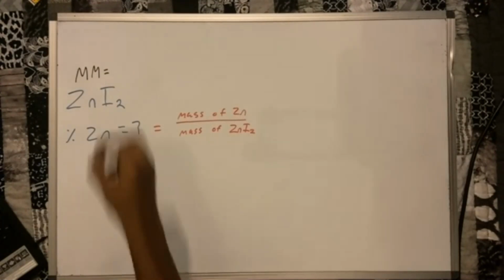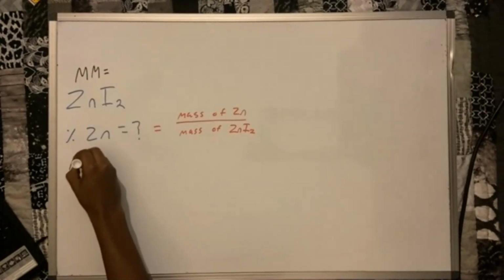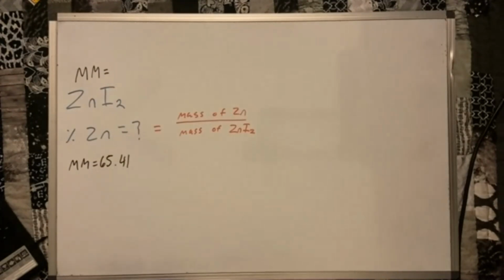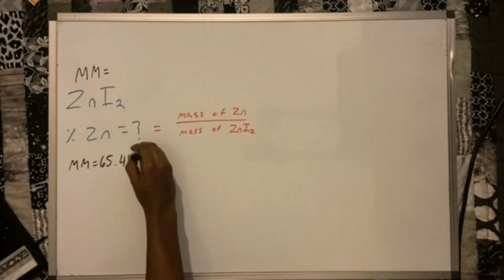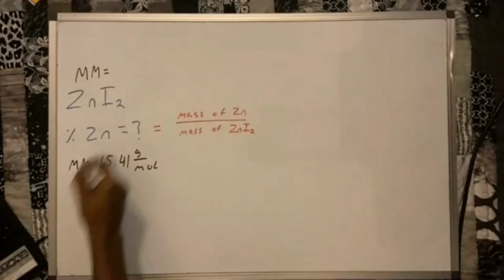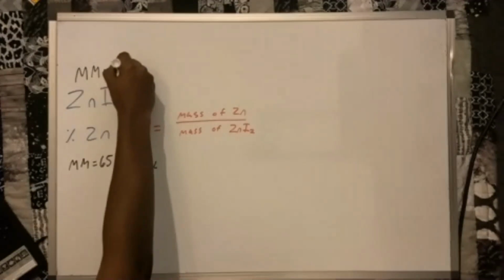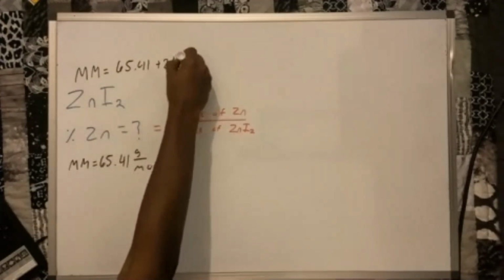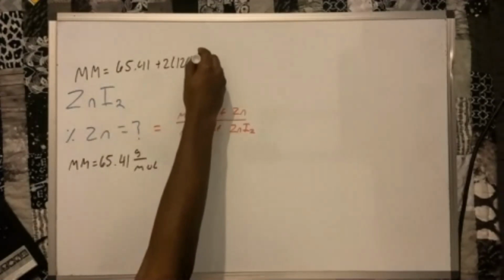So zinc is 65. Well, I guess we also need the molar mass of zinc. 65.41 grams per mole. And then for iodine, we have 126.9. So 65.41 plus 2 times 126.9.